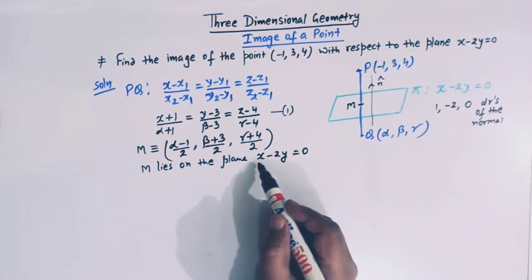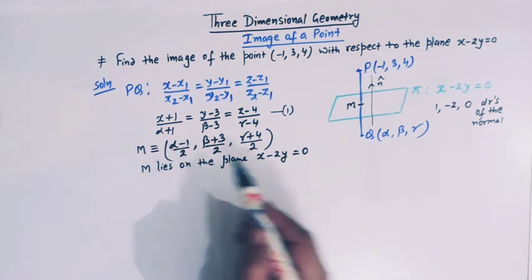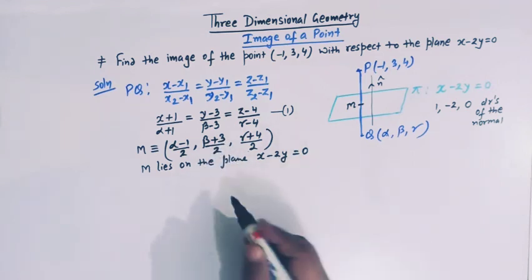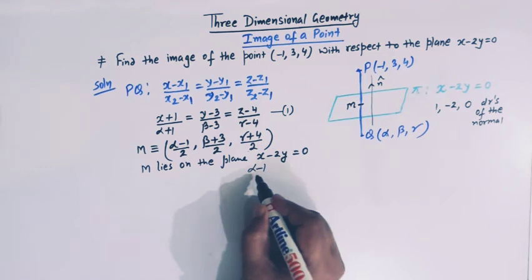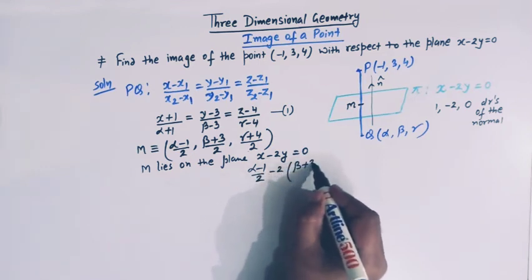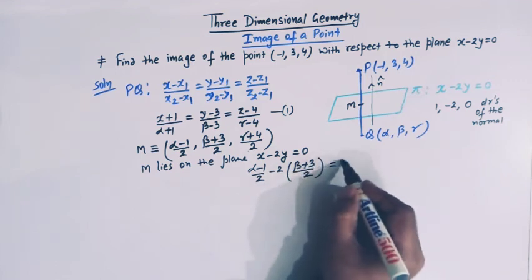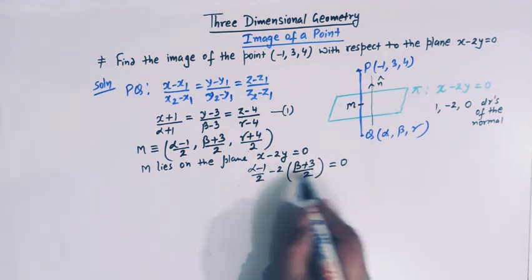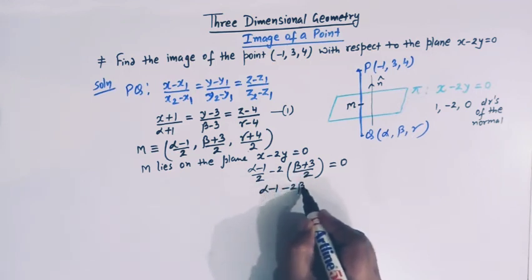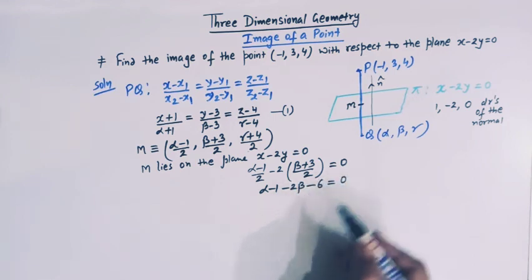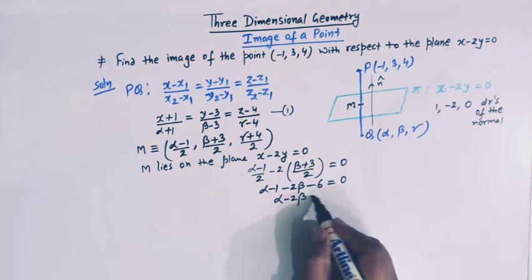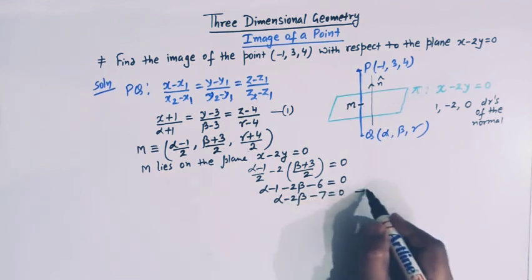So substituting (alpha minus 1) by 2 for x and (beta plus 3) by 2 for y, we have (alpha minus 1) by 2 minus 2 times (beta plus 3) by 2 is equal to 0. Now if we simplify it, then we have alpha minus 1 minus 2 beta minus 6 is equal to 0, and we have alpha minus 2 beta minus 7 is equal to 0, right?